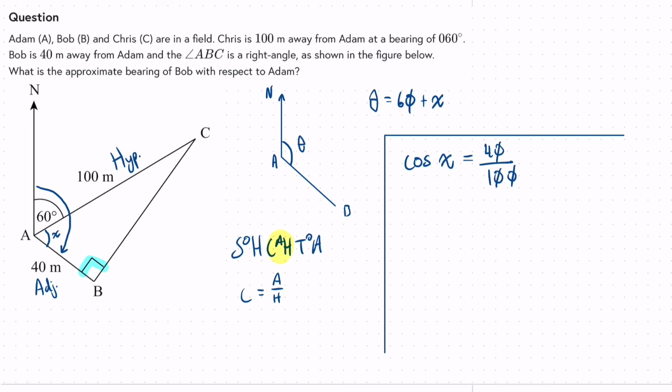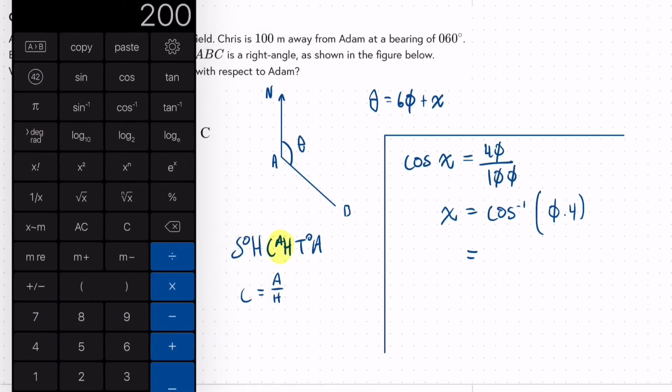Now I'm going to do the inverse of cos to get x by itself. This is 0.4. Get my calculator out. Inverse cos of 0.4.